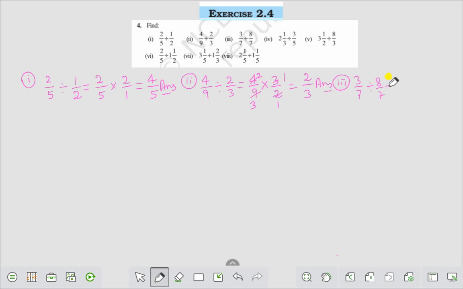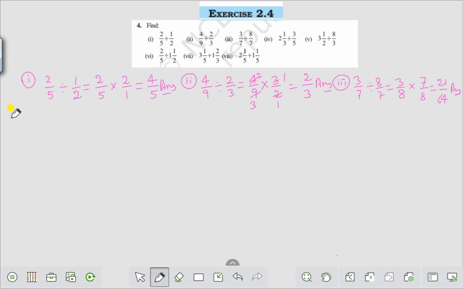That can be equal to 3 by 7 divided by 8 by 7, which can be written in multiplication form, and the reciprocal of 8 by 7 is 7 by 8. 7 by 8. That comes to 3 sevens are 21, and 8 eights are 64. That is 21 by 64, is the answer. Right?